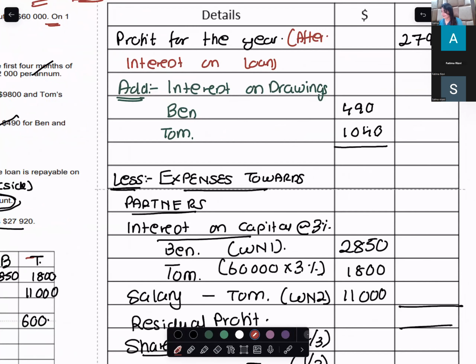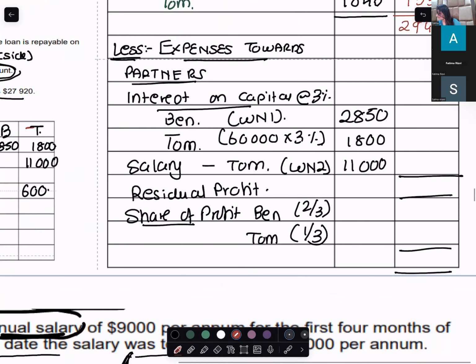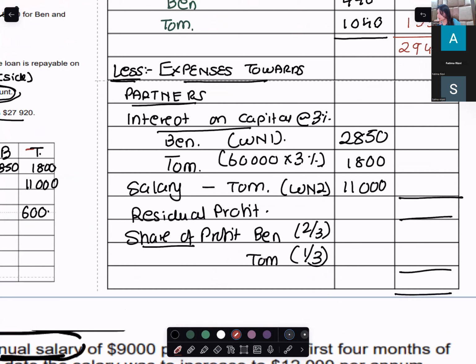Interest on drawings is to be added. You give me the total of interest on drawings. 1,530. If I'm adding 1,530, this will become 29,450. Are you with me? Yes.